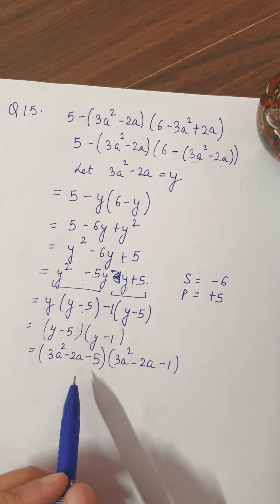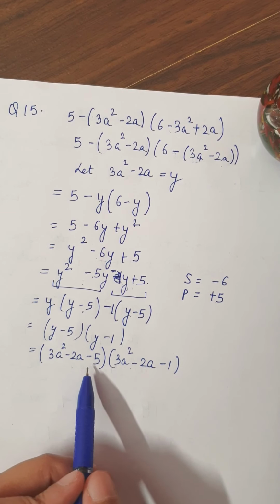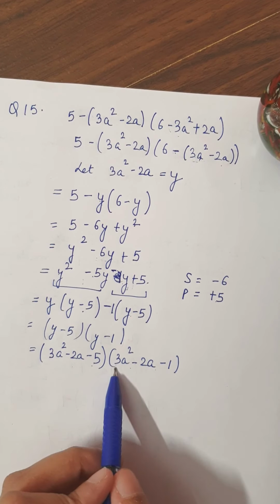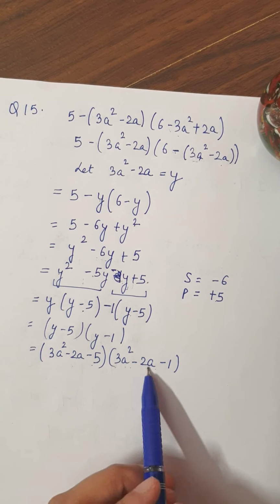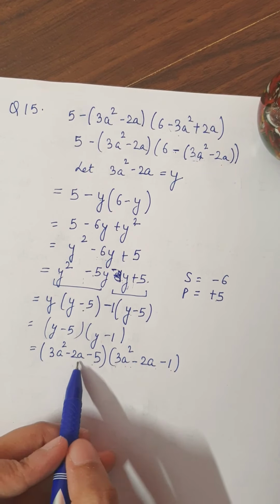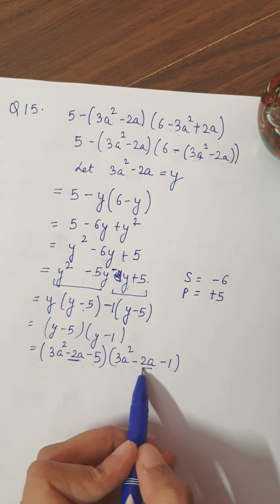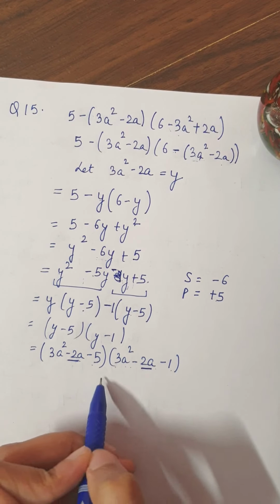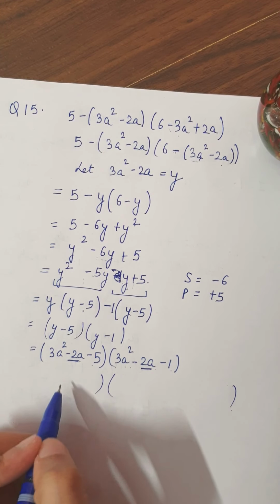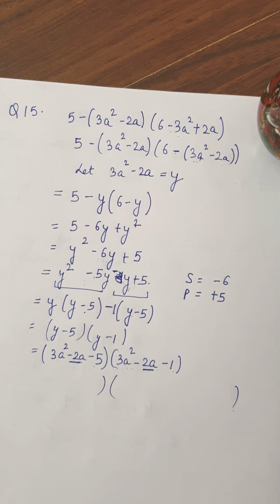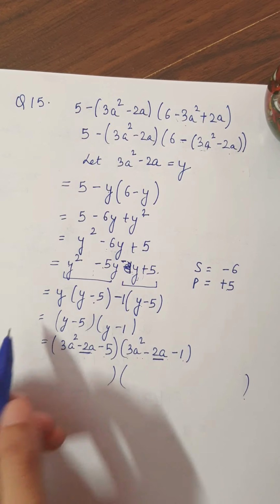Now these both are independently two different trinomials. Already in the standard form, this also in the standard form. So again you need to split the middle term of both the trinomials separately. So I am doing the first one and you will do the second one.